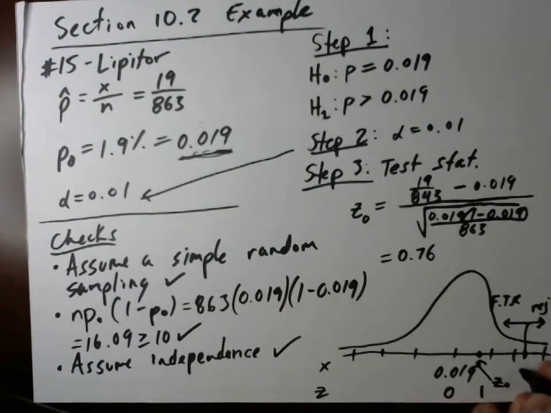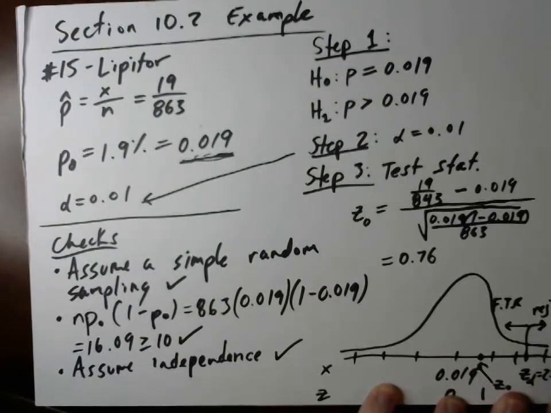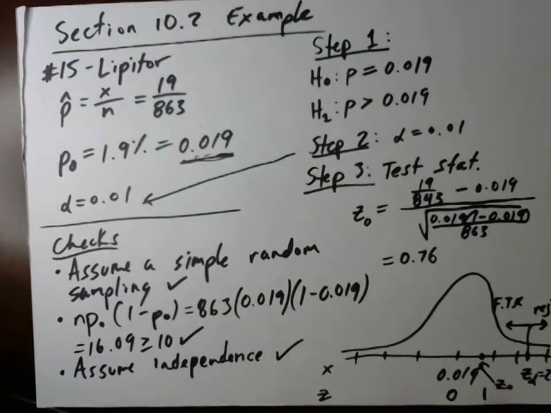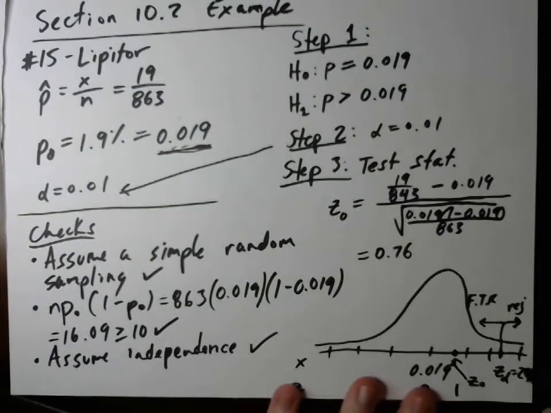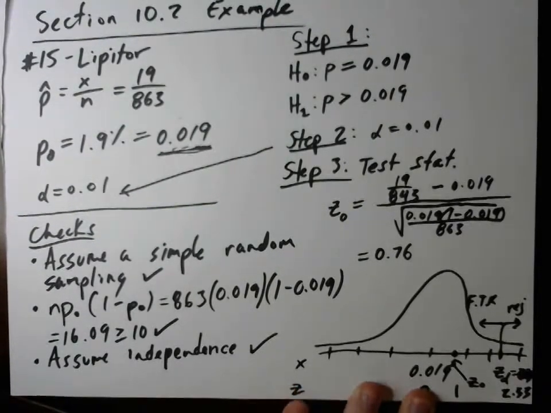We call this z sub alpha for a one-tail, because we're doing a one-tail. It would be z sub alpha over 2 for a two-tail. And that's equal to 2.33, if you look up in the back of the book. That is our z sub alpha.